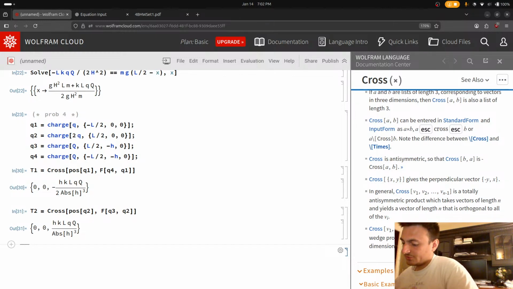Okay, so first we want to compute all the R's.